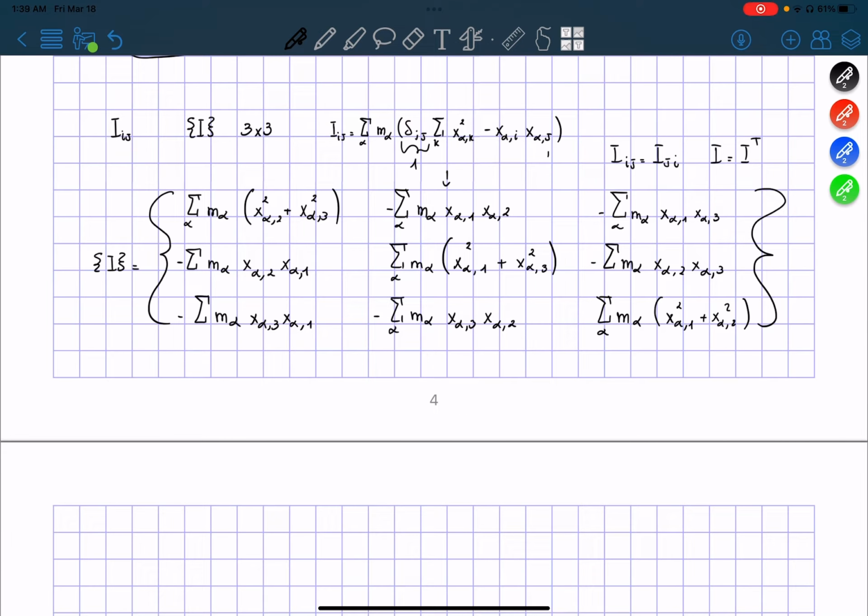It's a pretty cool matrix, actually. As we said already, the transpose is going to be the same, so it doesn't matter if you write i and j first.